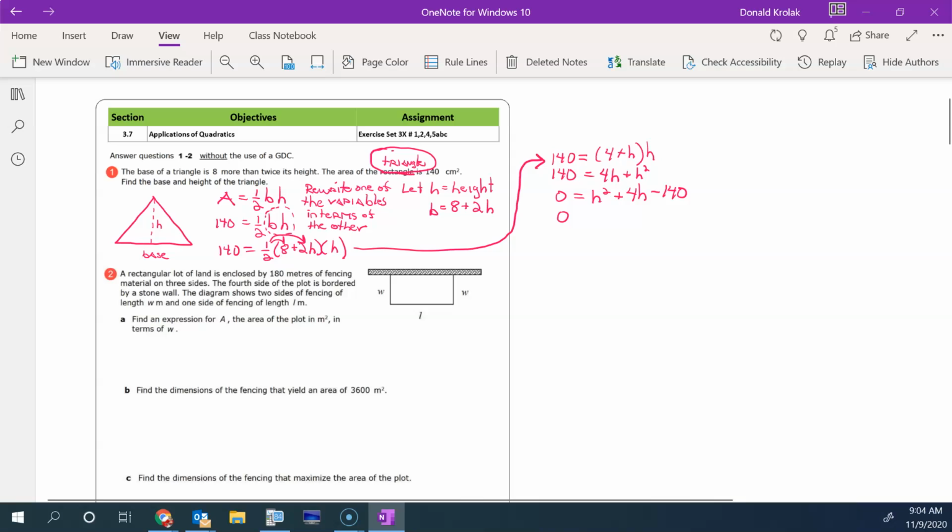Okay, so this guy is going to be h plus 14 and h minus 10. So h is either negative 14 or h is 10. And you can't have negative height. So my answer is the height is 10 and the base is 28. The base was 2 times 10 plus 8.